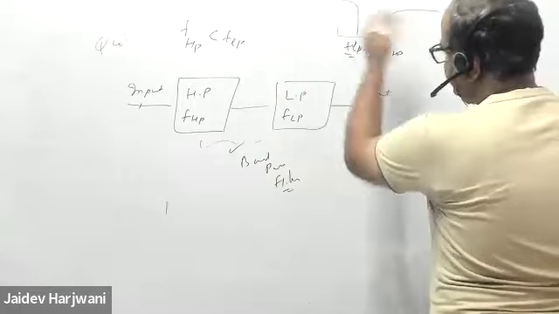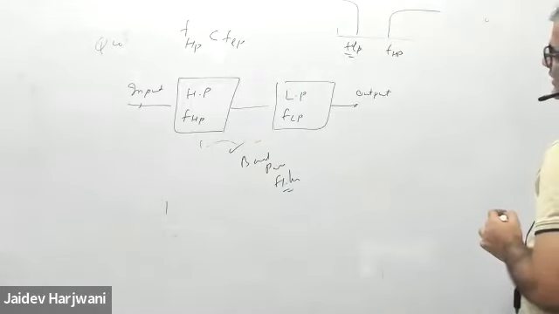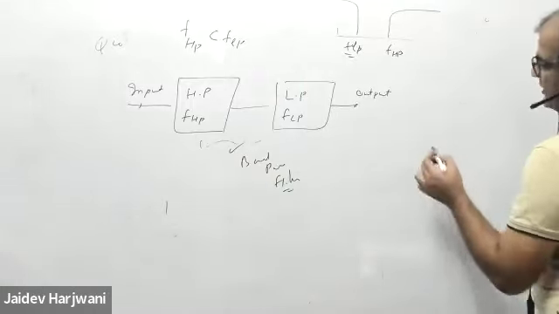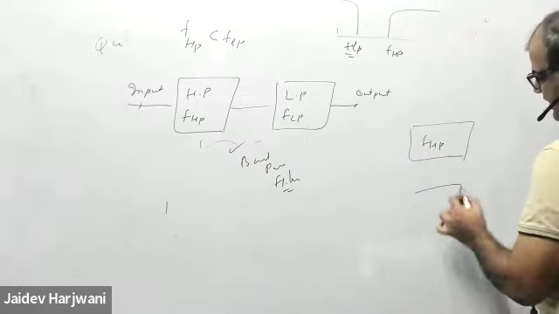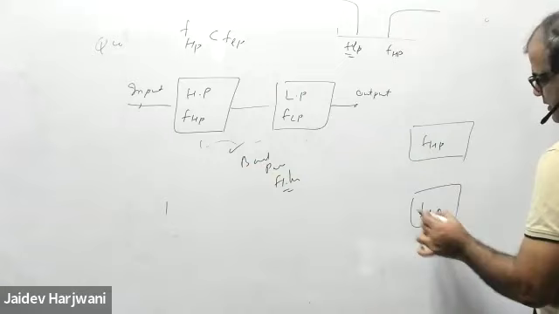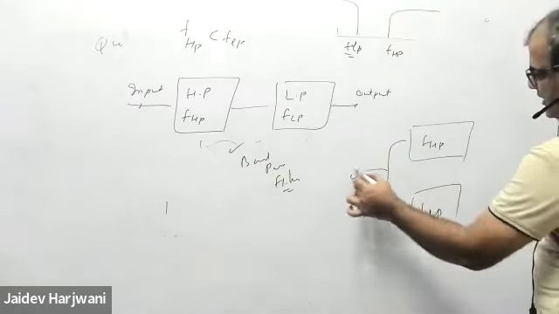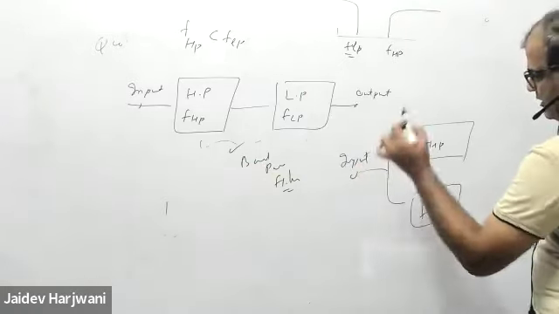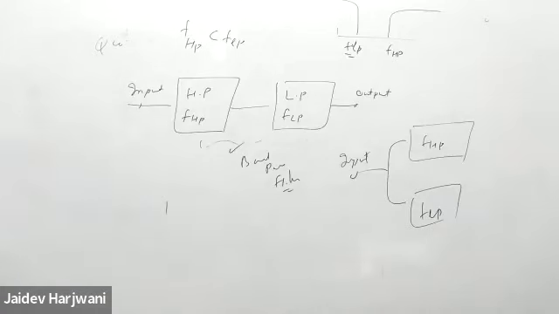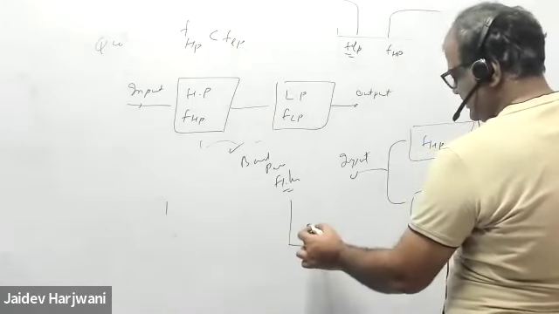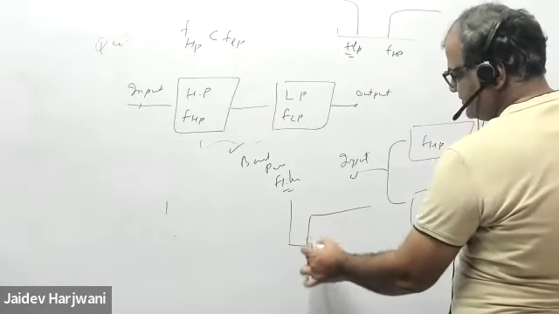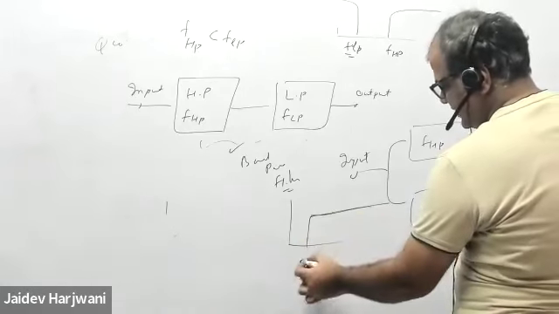And for that one, how can I say that it is also an all pass filter? This is FHP and this is FLP, and you are passing an input here. Now if my FHP is less than FLP, all the signal is passing from here.